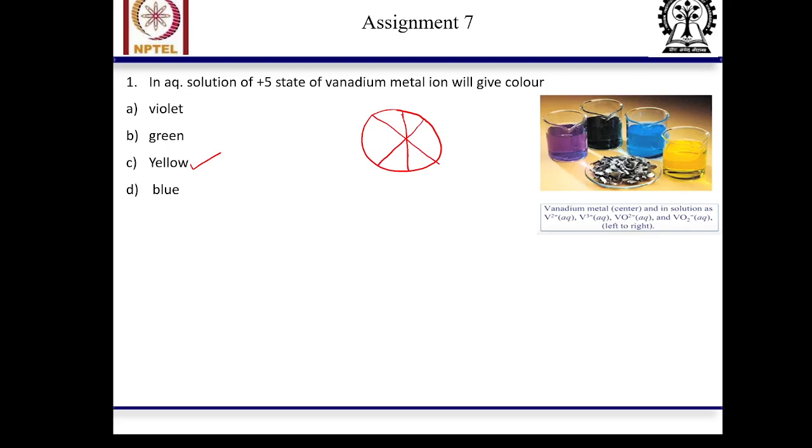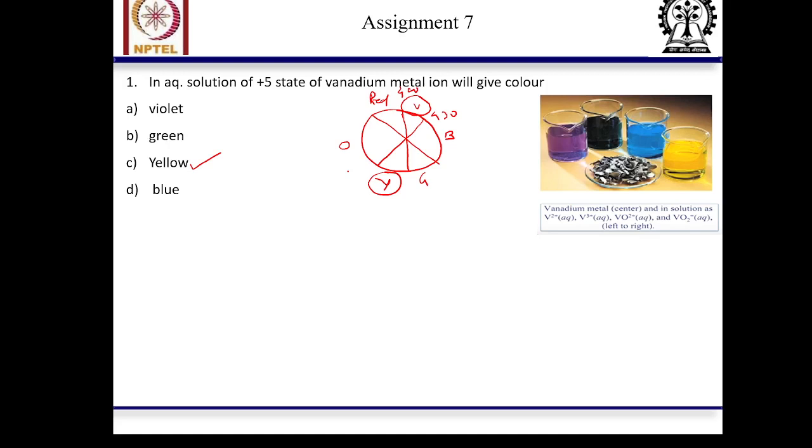So this is violet, this is blue, then we have green, then yellow, then orange, and finally red. If it is absorbing violet, meaning it is absorbing in the range of 400 to 430, this will give the complementary color of yellow.